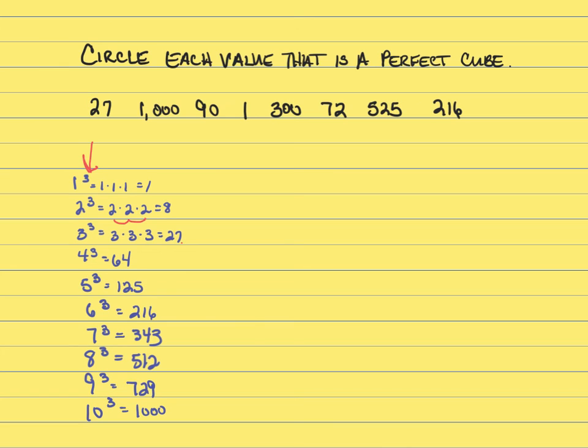I did the first 10, and now all you have to do here is go back and circle those numbers that are perfect cubes. Is 27 a perfect cube? Yes, it is. It's right here, so you're going to circle that.